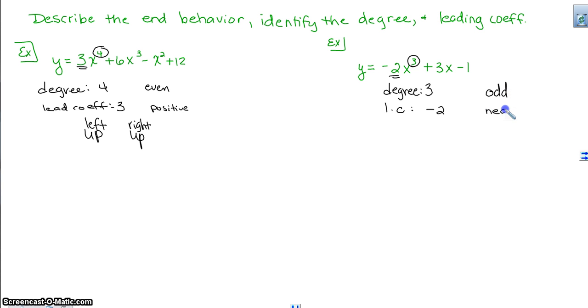And we have a negative coefficient. So generally, odd graphs go down on the left and up on the right. But because we have a negative leading coefficient, that's going to get swapped. So it's going to be up on the left and down on the right.